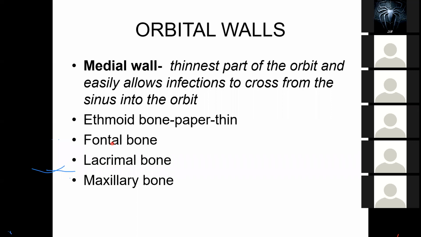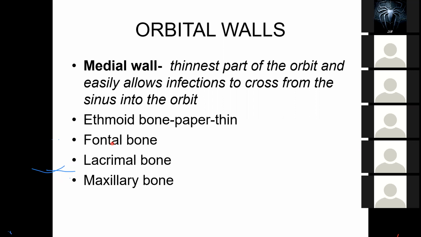As I said earlier, the ethmoidal bone is a very thin bone, which is able to allow that. And we have the frontal bone, lacrimal bone, and the maxillary bone all forming the medial wall.